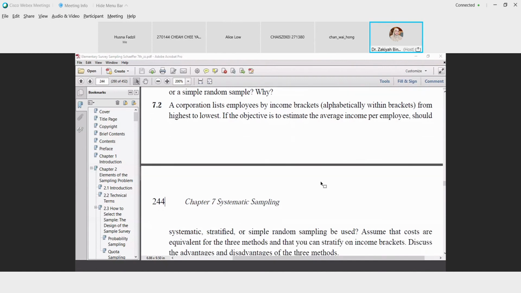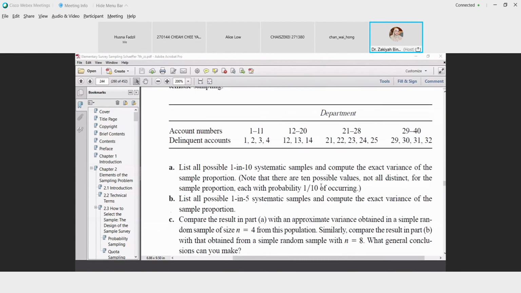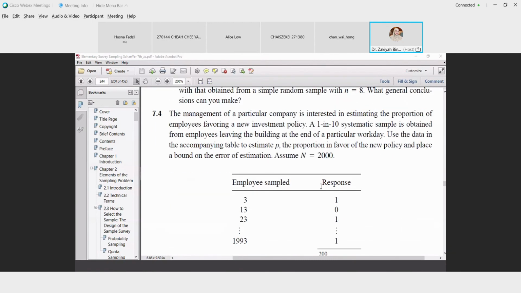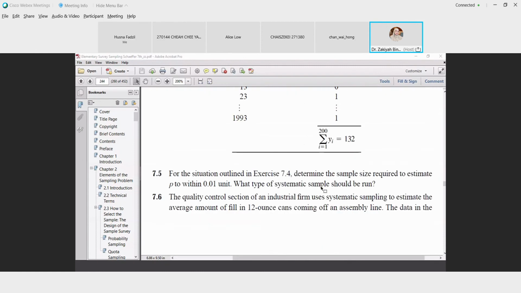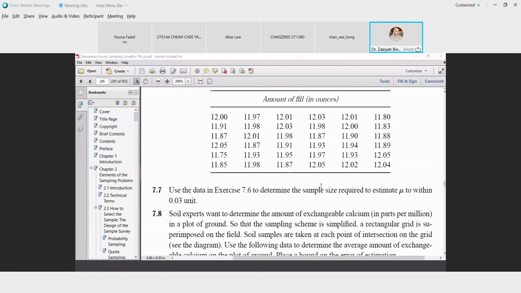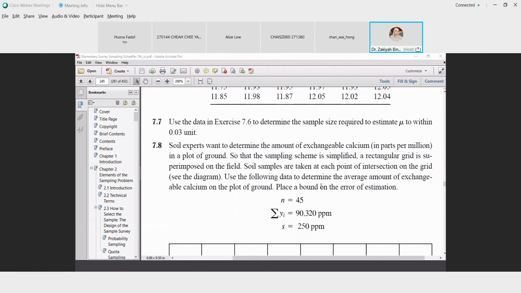Okay, anything else to add, guys? Are we okay? 7.2 is done, so on to 7.8. 7.8 is calculation, so I'm not going to go through that because I've given you the answers. Check your working against the answers.